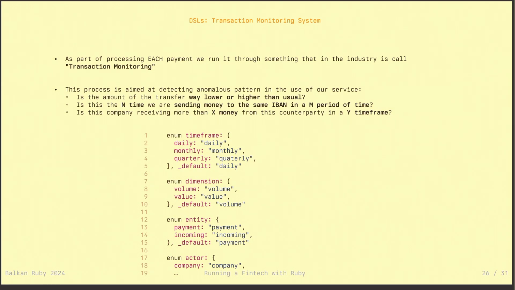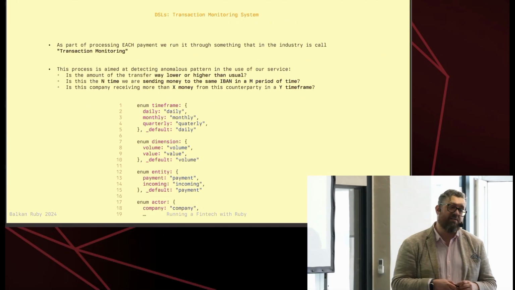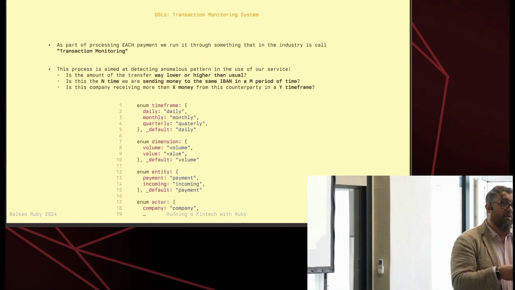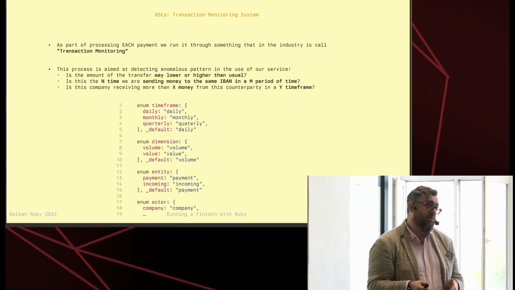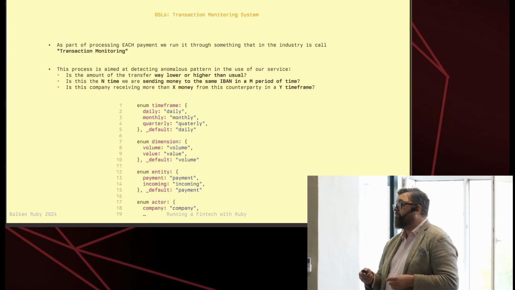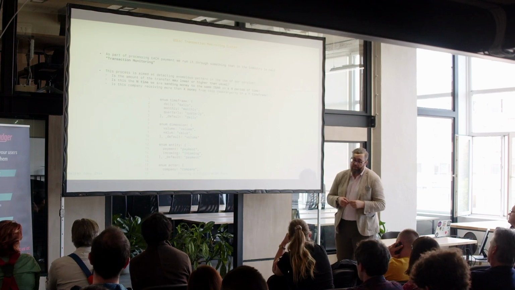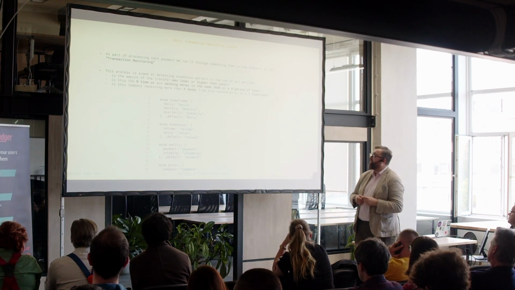Why is the company receiving this money and sending it to this counterparty this often? We have to ask all those questions. And if we don't have a clear answer, we block and we investigate. We are mandated by law to do that. So again, very useful to be able to create these DSLs with helpers and the abilities of Ruby and Rails.